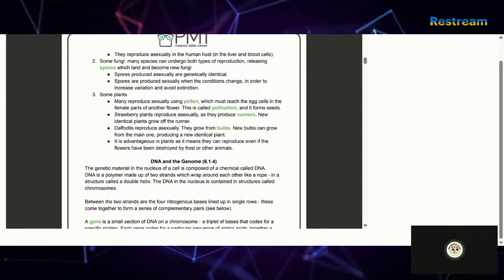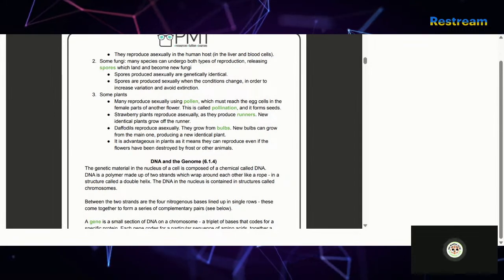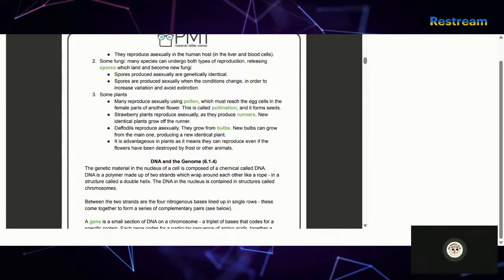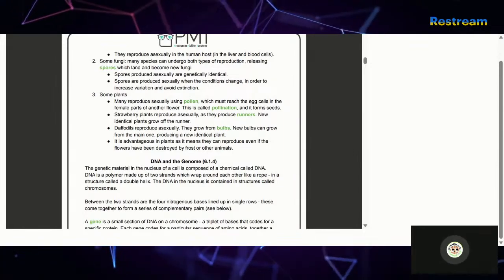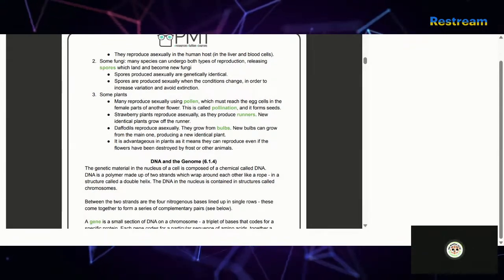It's caused by a parasite, and when a mosquito that is carrying the parasite bites a human, the parasite is then transferred to the human, and the parasite reproduces sexually when it's in the mosquito and asexually when it's in the human. So sexually in the mosquito, asexually in the human host.